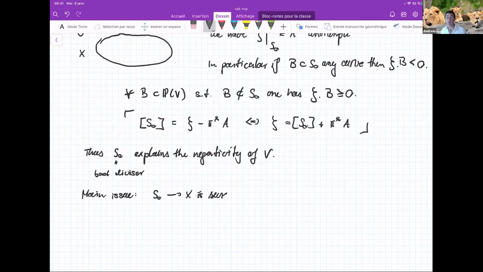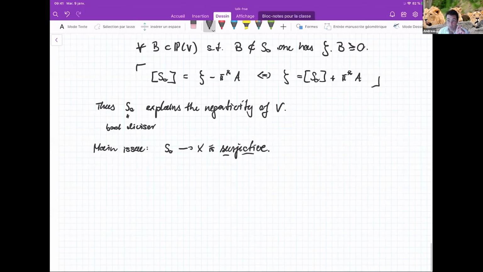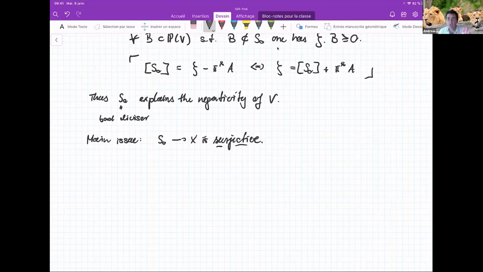Those are really the guys which give us trouble when trying to understand these vector bundles, and this is what we'll see. Okay, so this is the example. Do you have questions about the example?